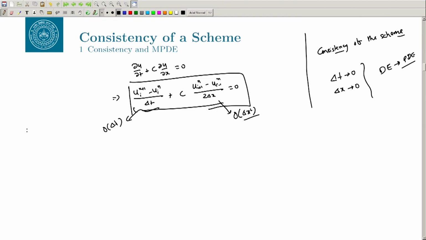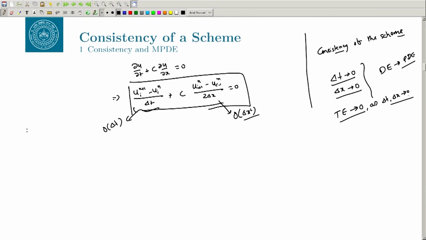So, we have to make sure that if in those terms you put delta t tending to 0 and delta x tending to 0, it should become 0. So, truncation error should go to 0 as delta t and delta x go to 0. Okay. That is what we mean by the consistency of the scheme.